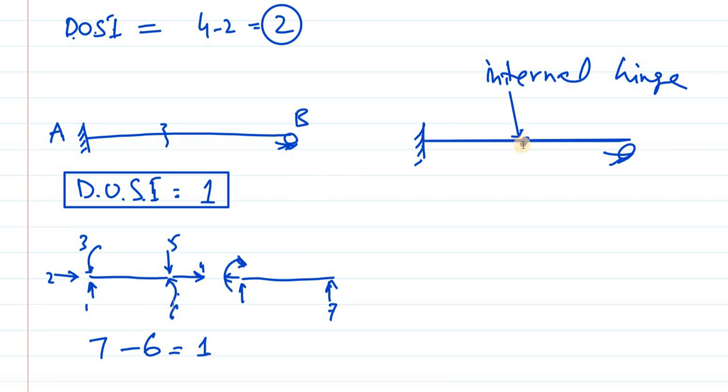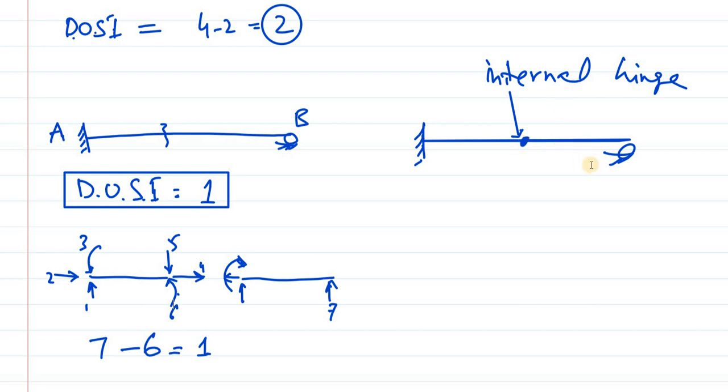When you connect two segments of a beam with the help of an internal hinge, that internal hinge is still capable of resisting normal forces. If you try to pull this segment, the force will be transferred to the other segment, so horizontal forces can be transferred across this internal hinge.